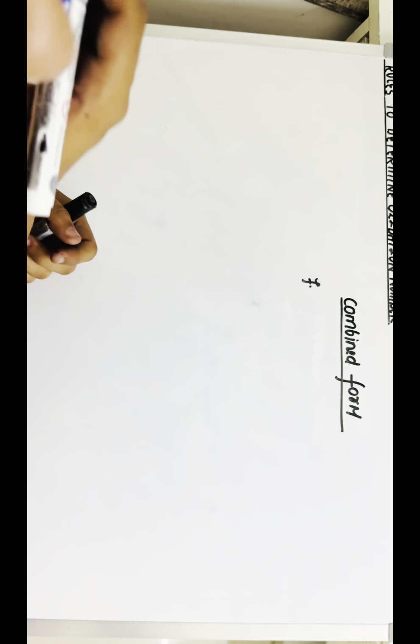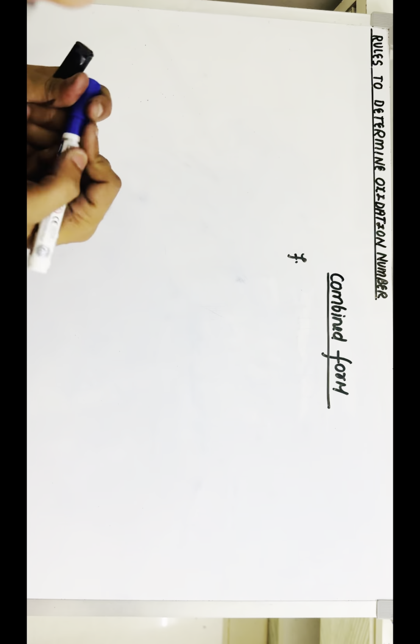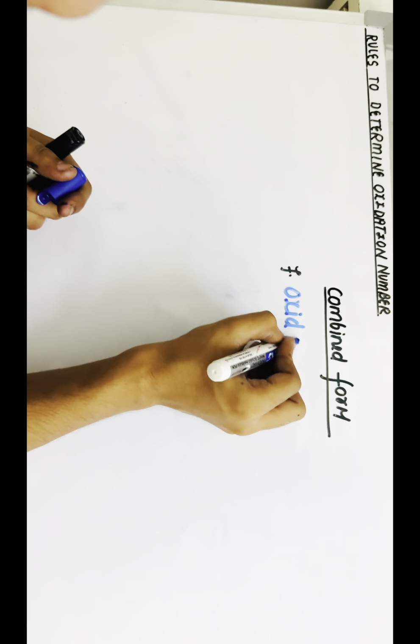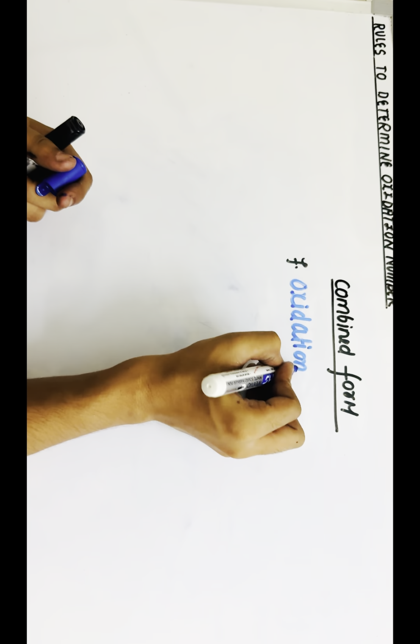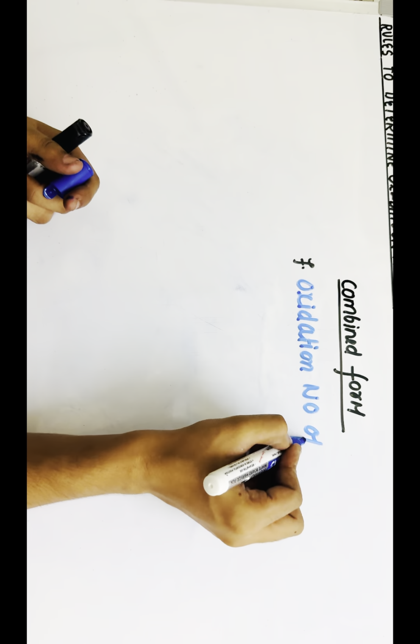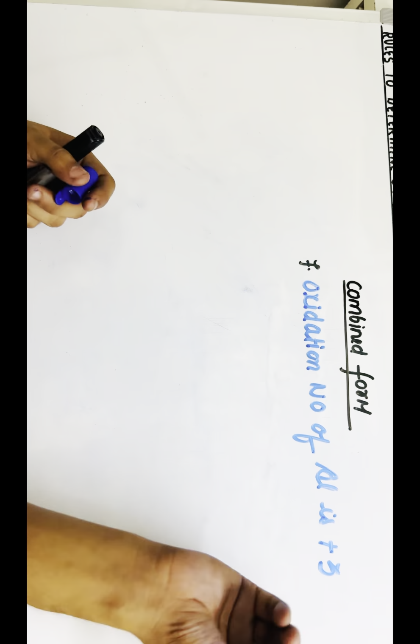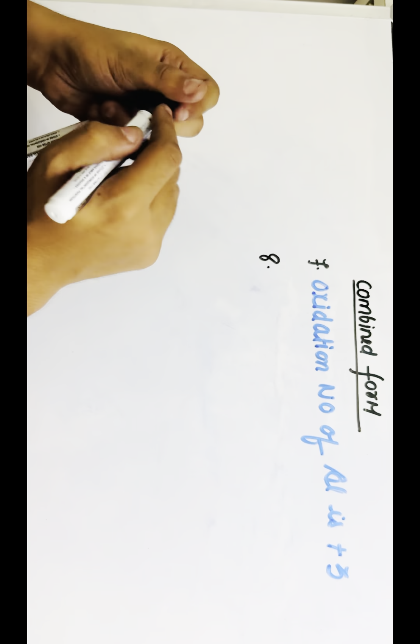Now let's come to the seventh rule. It is oxidation number of aluminium is +3. Now let's come to the eighth rule.